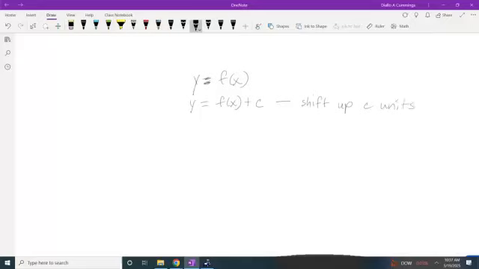So if you add a constant to the end of your function, that's going to move it up that number of units. Y equal to f of x minus c, that's a shift down c units.